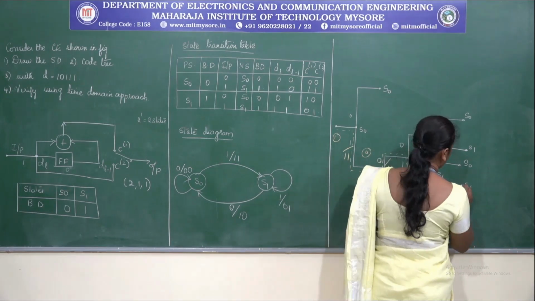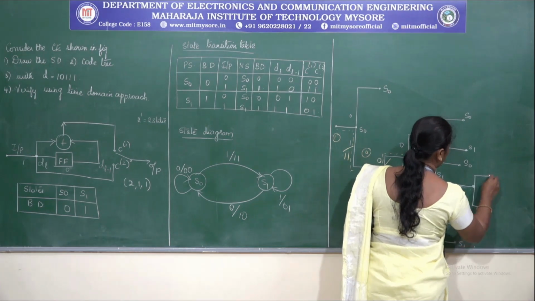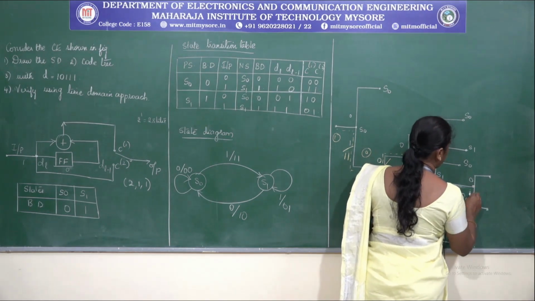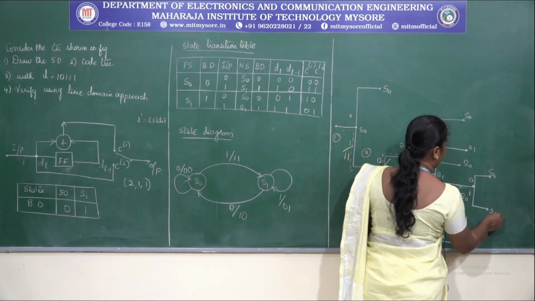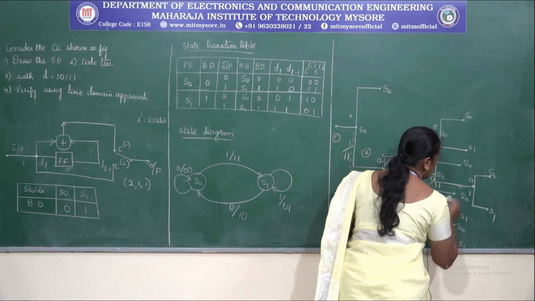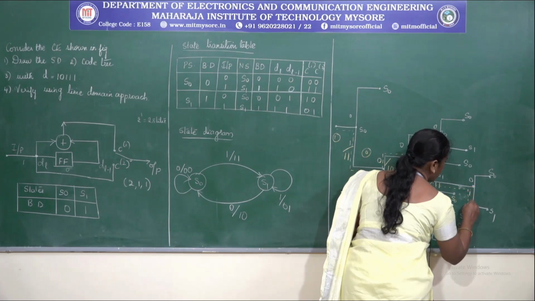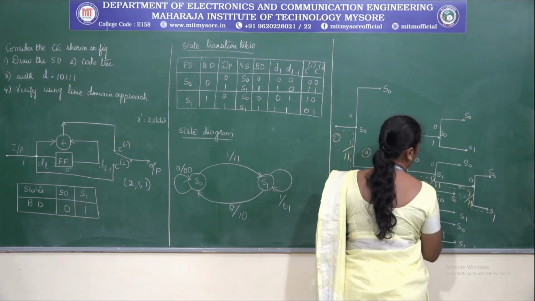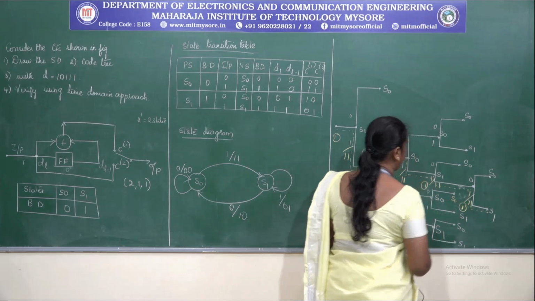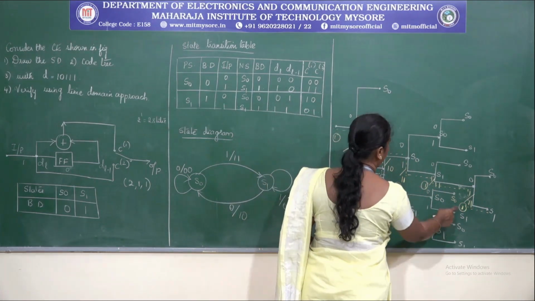Now this is S1, with input 0 and 1, so it is S0 and S1. This is for the fourth input and this is for the fifth input. So it is 1, 0, 1, 1 and 1.